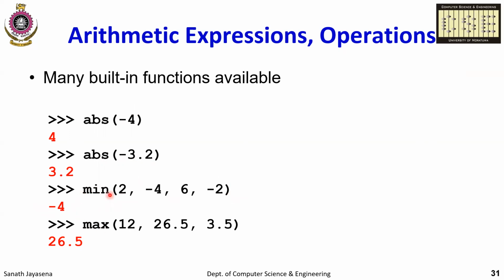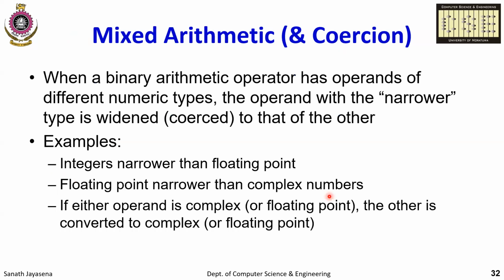These are all built-in functions: the ABS or absolute value function, and the min function, which gives the minimum of its list of numbers. Here -4 is the minimum. The maximum value is obtained by using the max built-in function. You give as arguments a list of values separated by commas, and the maximum value will be returned. Right? You can use this as well.